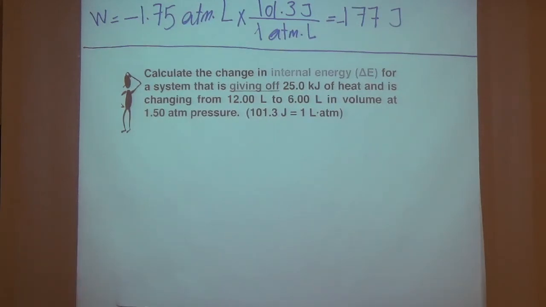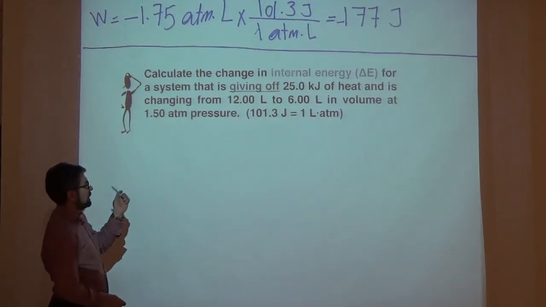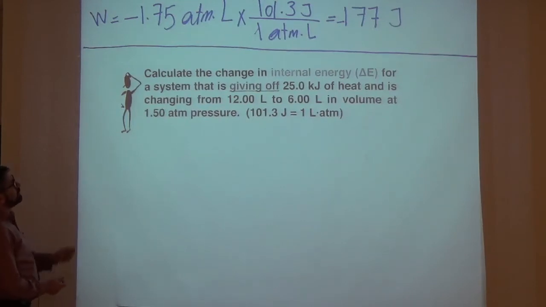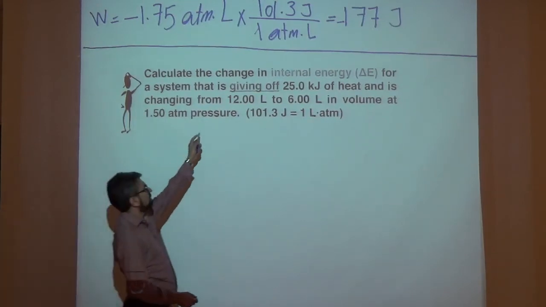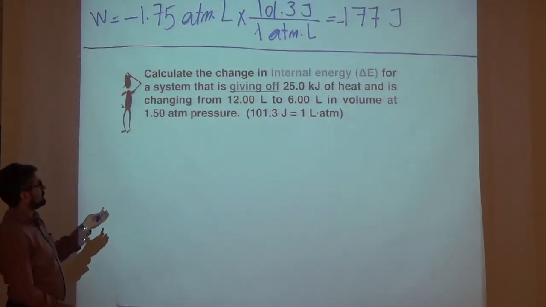It says, calculate delta E when you know the system is giving off 25 kilojoule heat, and we change the volume from 12 liter to 6 liter.